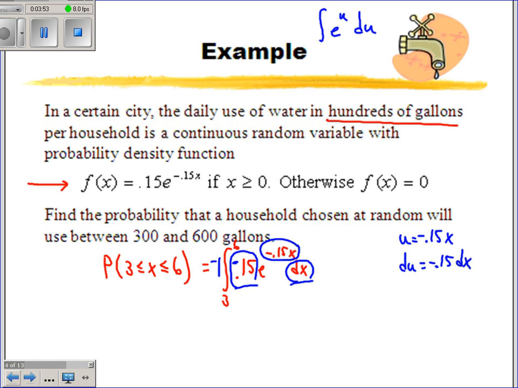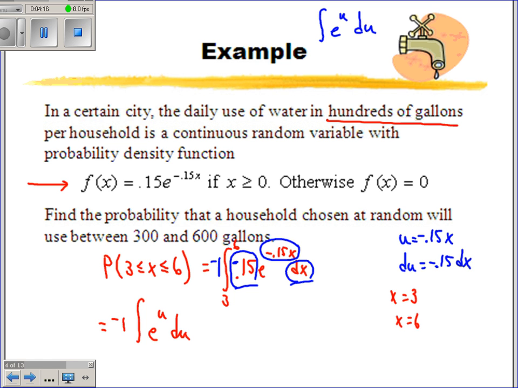And so my problem when I make my change of variables is going to be a negative 1 on the outside. We're going to have e to the u power du. And now I can go ahead and change my limits. Right now these are x values. x is 3 and x is 6.